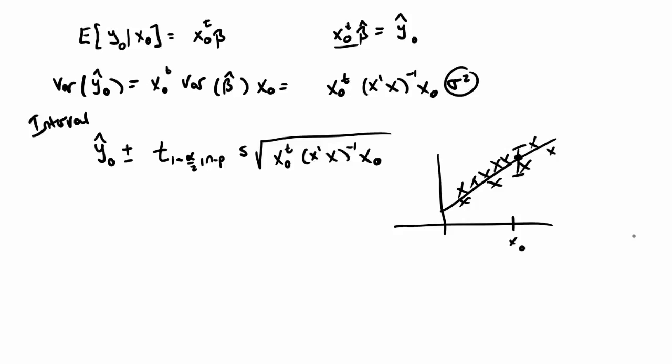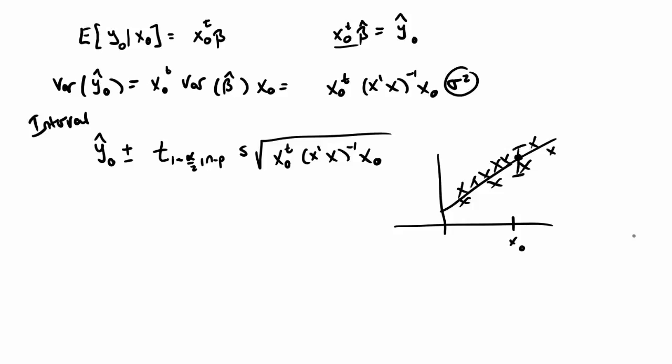But if you're selling a diamond, you might be interested in knowing, not if I collected all the diamonds of this particular mass and took the average price they were valued at, but if I were to sell this particular diamond, what's the range of possible values that would be reasonable as a price for this diamond? And that's a different thing.